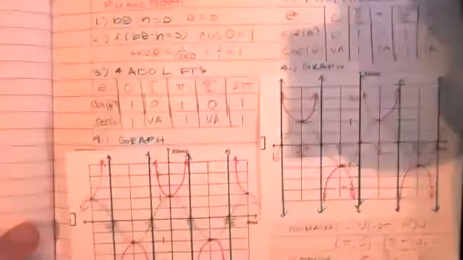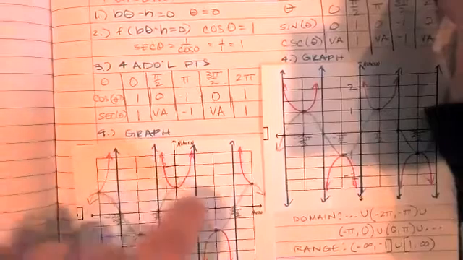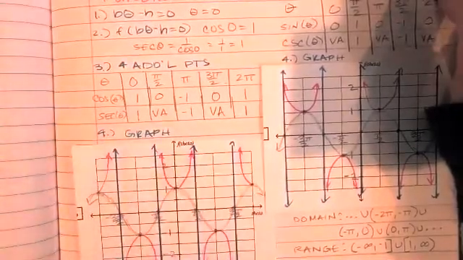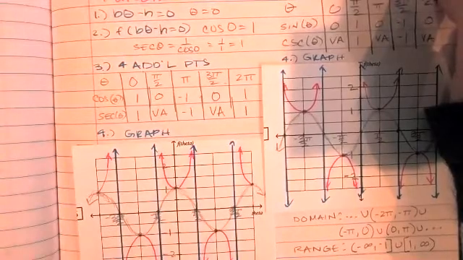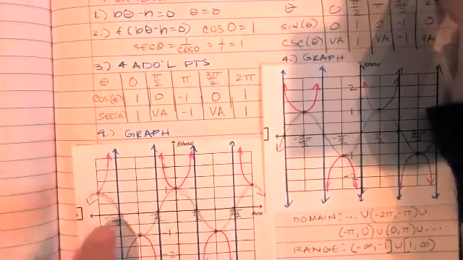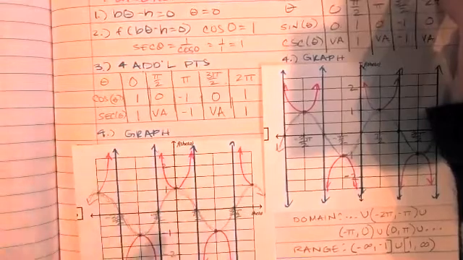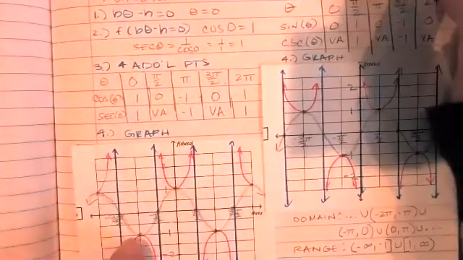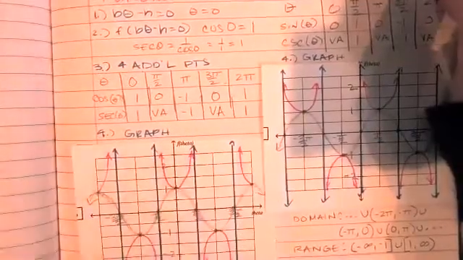Just wanting to highlight that the secant parent function is these branches here, and that comes off of the cosine function. But you don't have to graph the cosine function. It just helps to see why, because of these x-intercepts, they're vertical asymptotes, and also where the minimum and the maximum points come from.